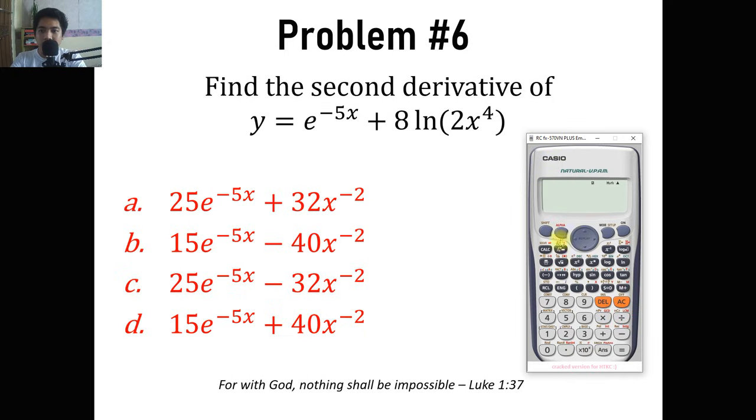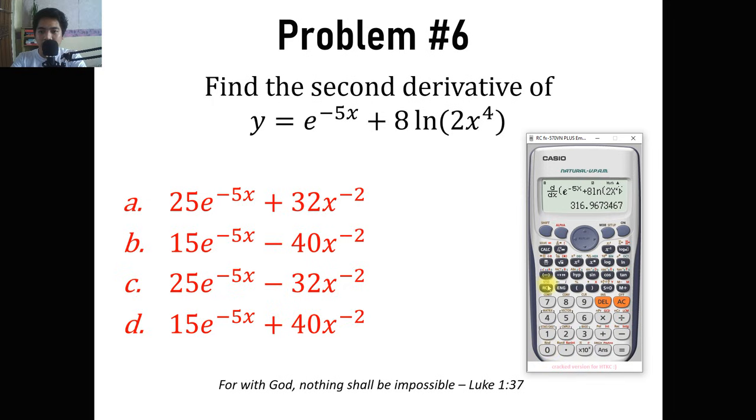We have to differentiate it: d/dx of e raised to negative 5x plus 8 ln of (2x) raised to 4. Don't forget to close it with a parenthesis. So we have to differentiate it at x equals 0.1.